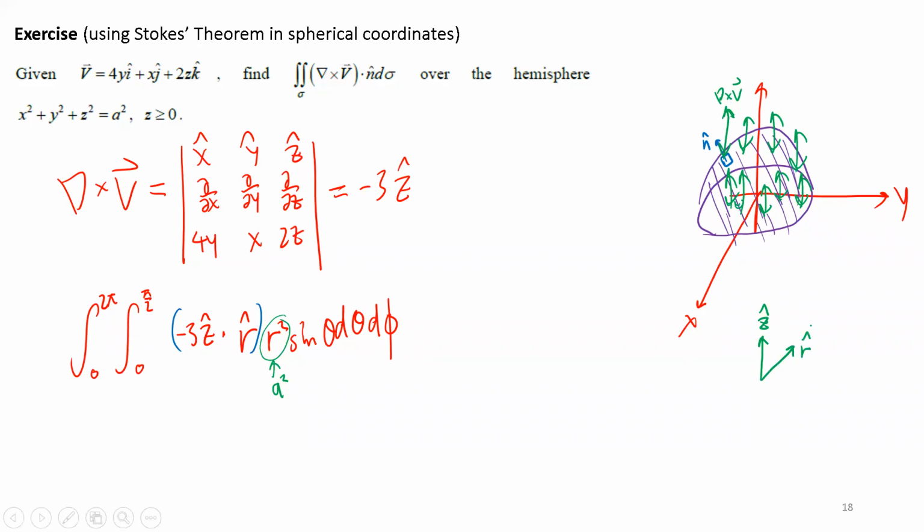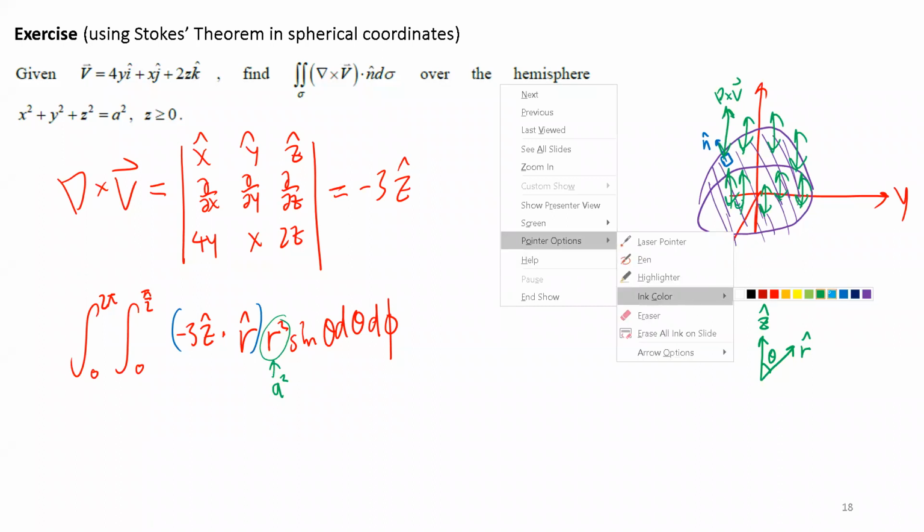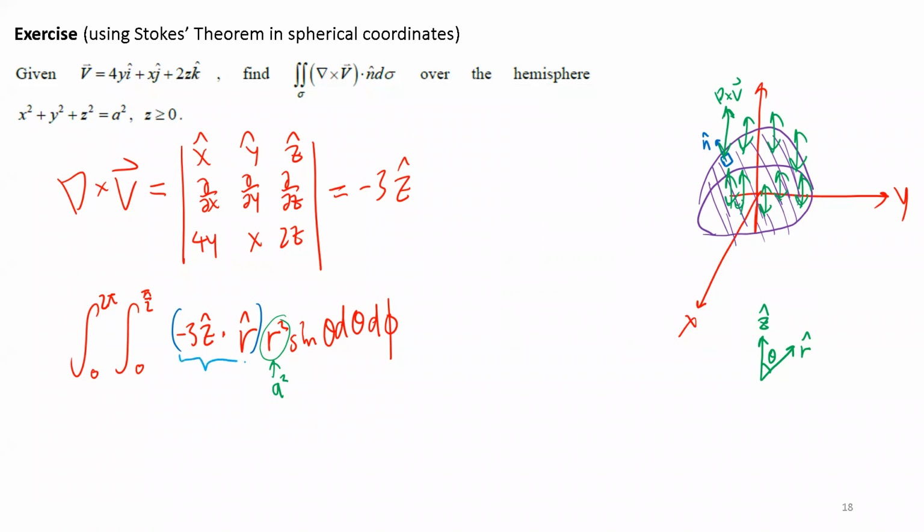The angle between r hat and the z-axis is always just the polar angle theta. So z hat dot r hat is simply cosine theta, and that theta is the theta in the spherical coordinates. That's why this one is -3 cosine theta.